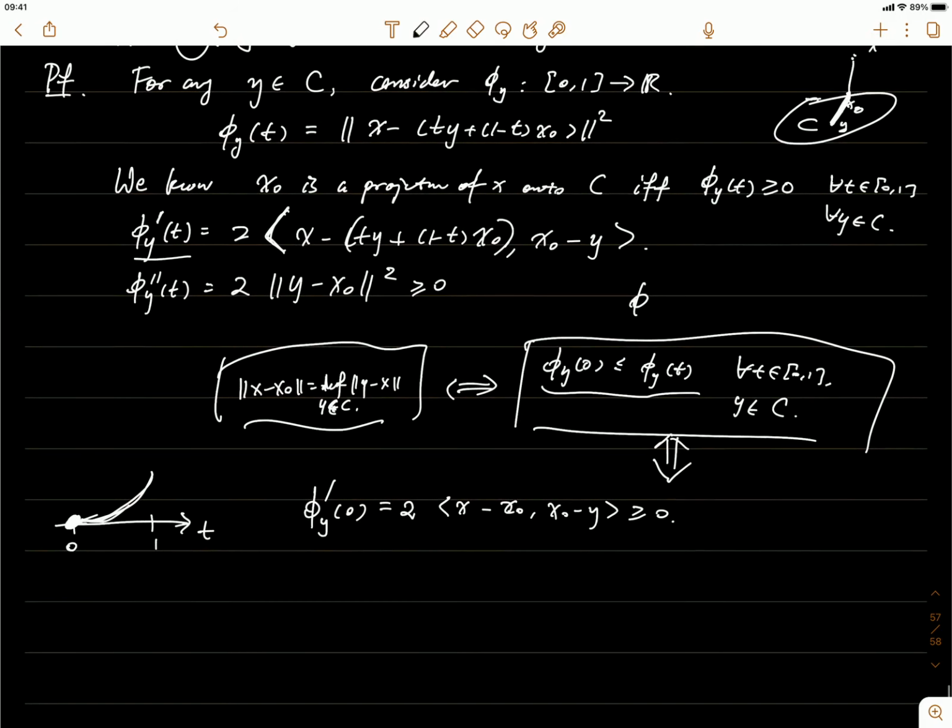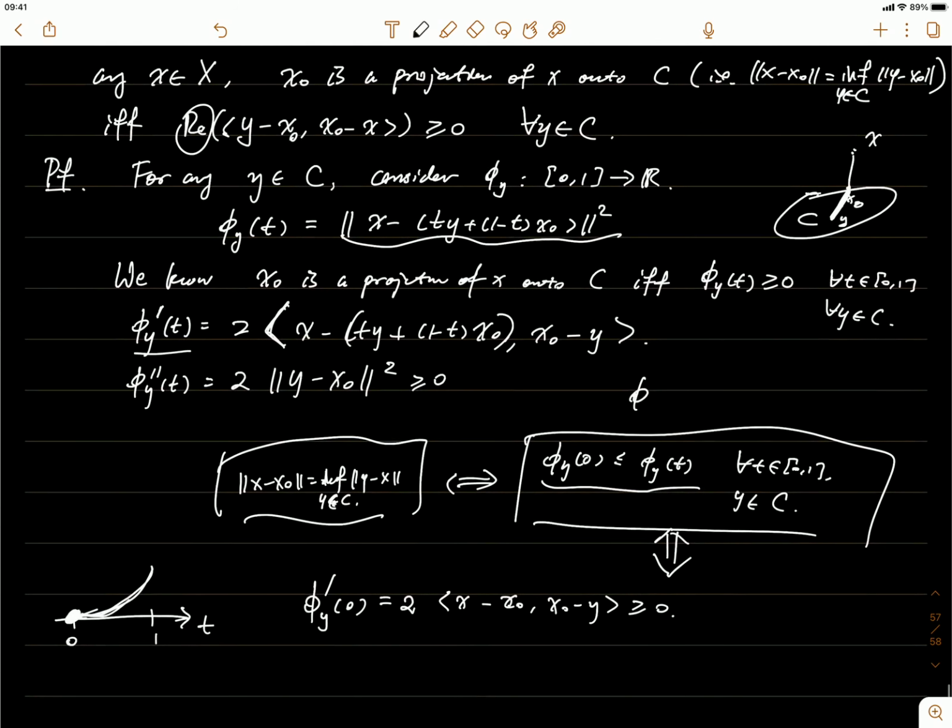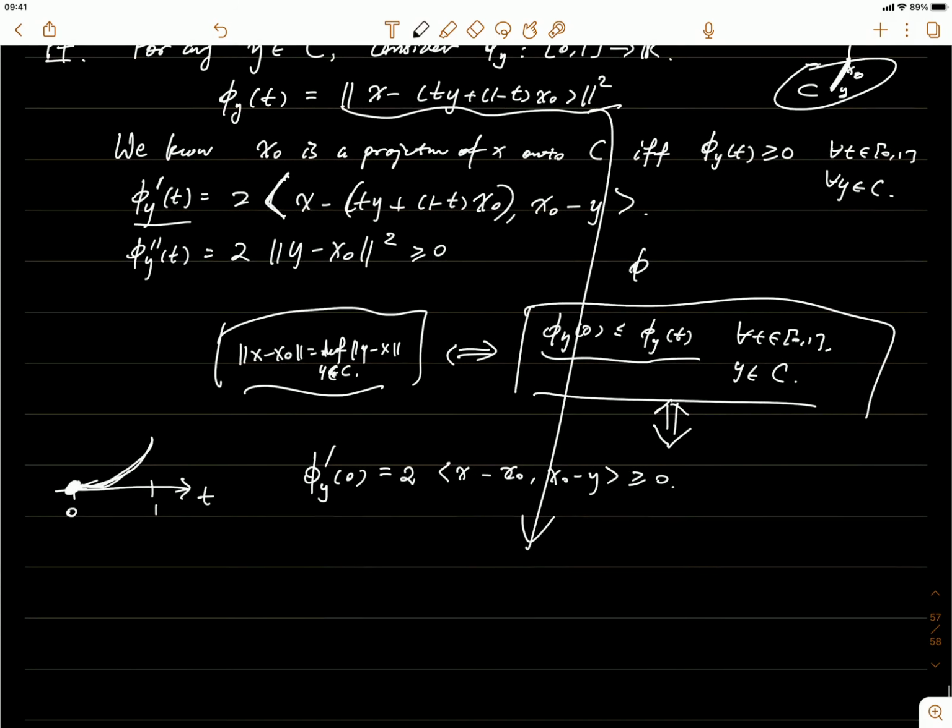But if it's not real, when I expand this thing here, I'll have this. So let me write it here. So I have the norm of x squared minus x, and then this ty plus (1 minus t) x naught.